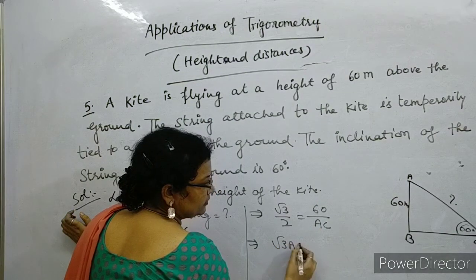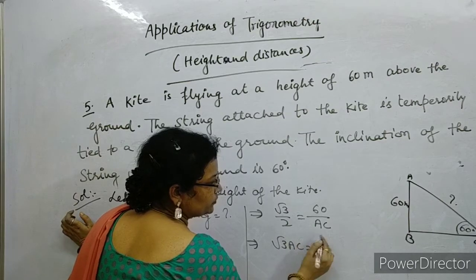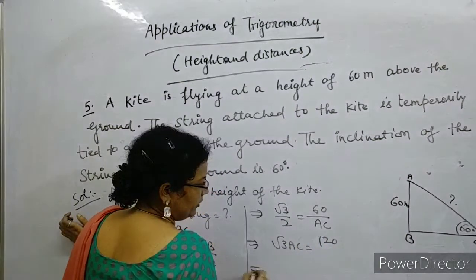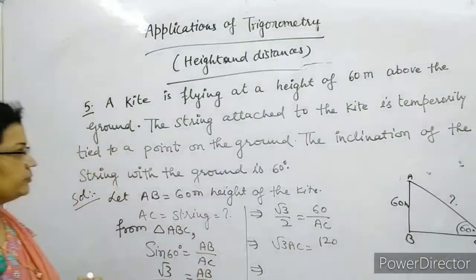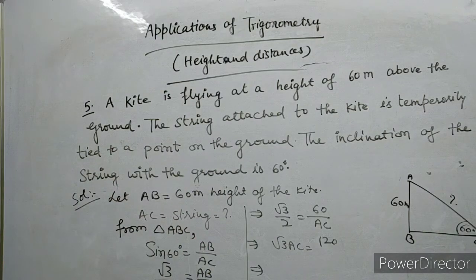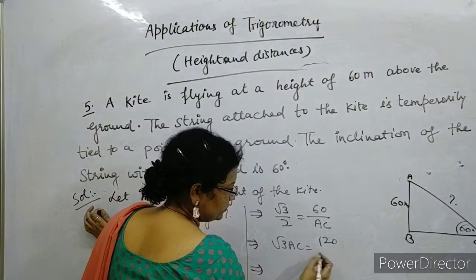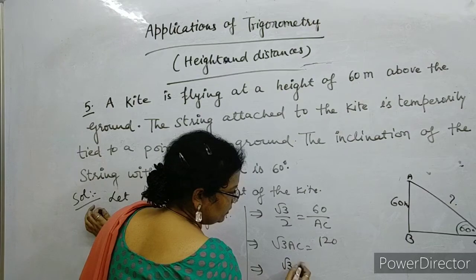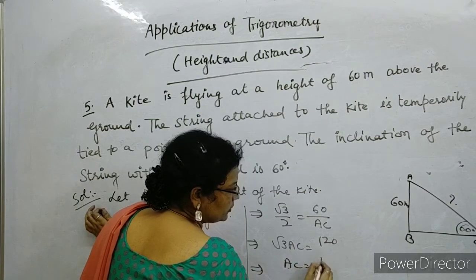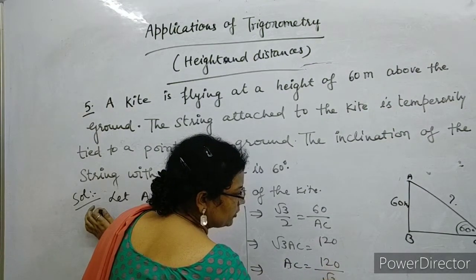Root 3 AC equals 120, so AC equals 120 by root 3.